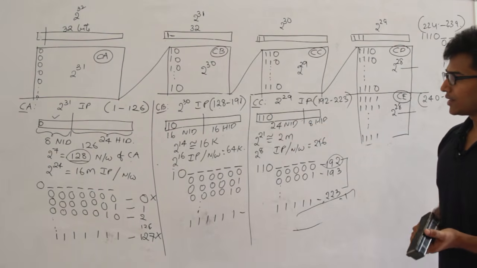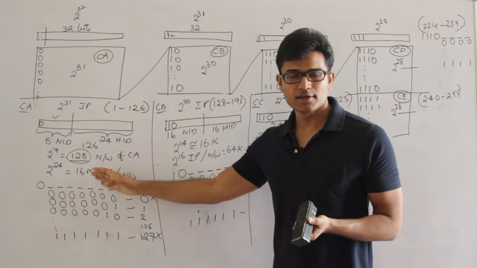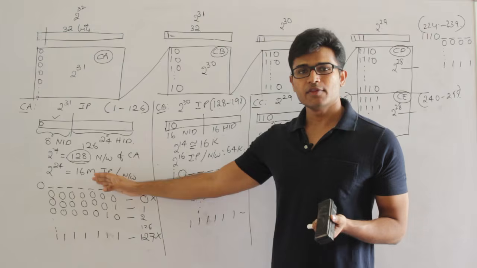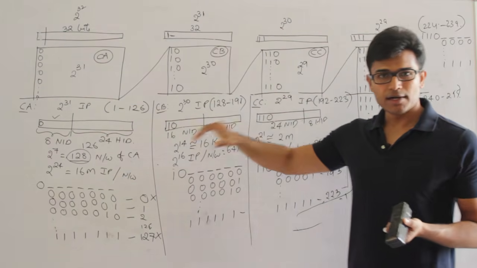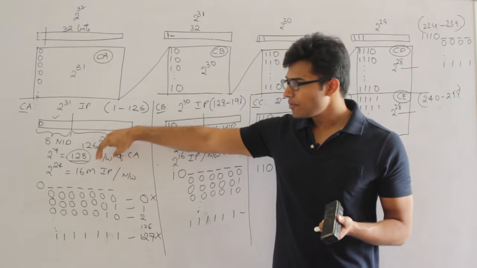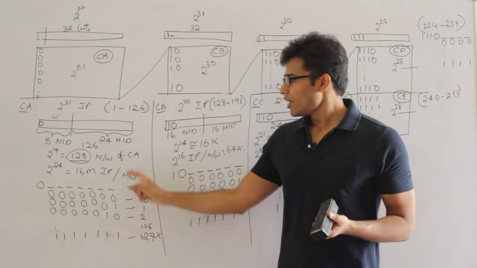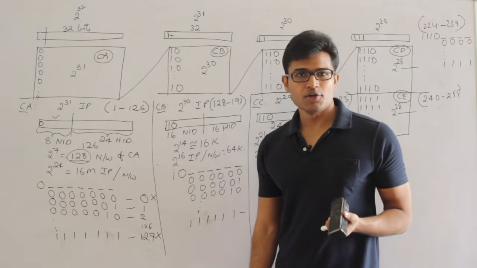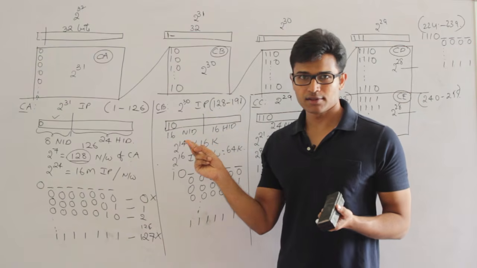So one thing you have to note is, I am talking about how many IP addresses you will get if you buy one network of either class A or class B or class C. But even if you have these many IP addresses, it doesn't mean that you can configure these many hosts. Whenever you buy any class, we are not going to use two IP addresses, the first one and the last one.